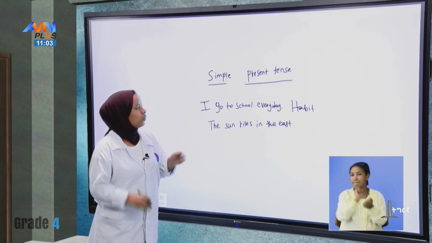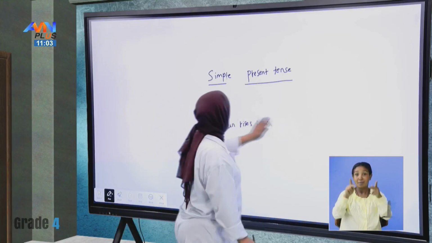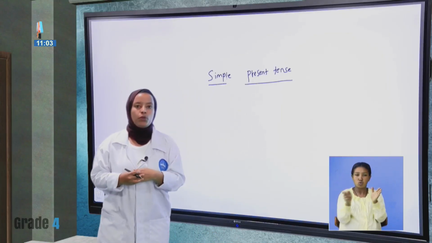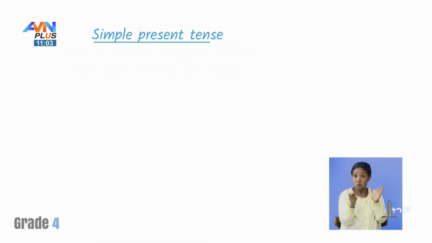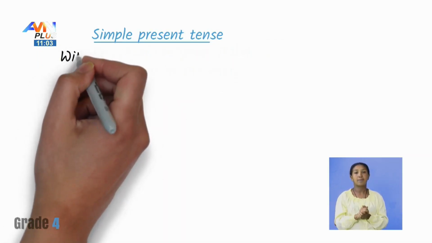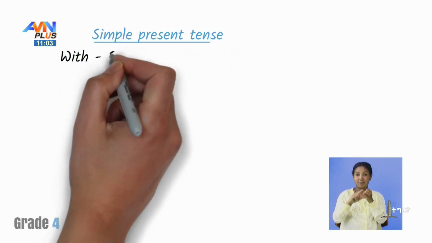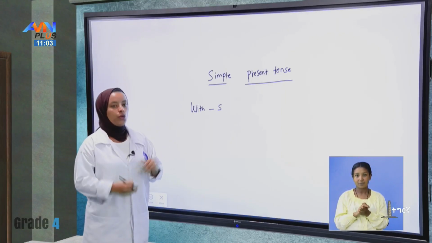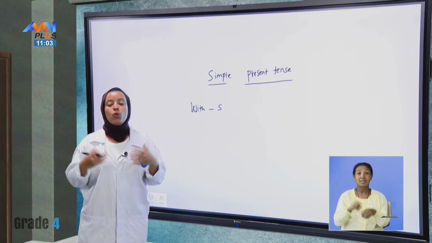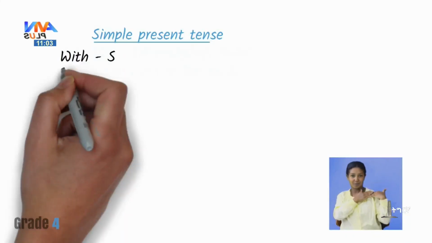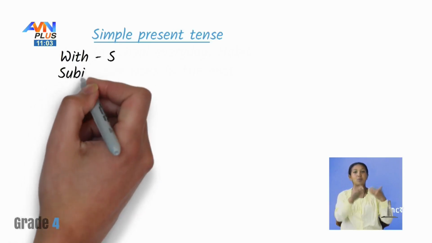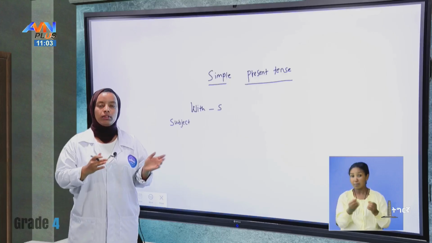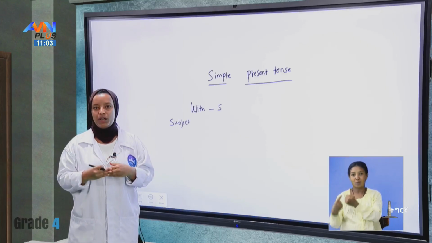Students, when we come to simple present tense, we also have some grammar rules. So let me show you that. The first is about the ending, and we can use s. Always in the sentence, we have a subject. The subject can be plural, and it could also be singular.